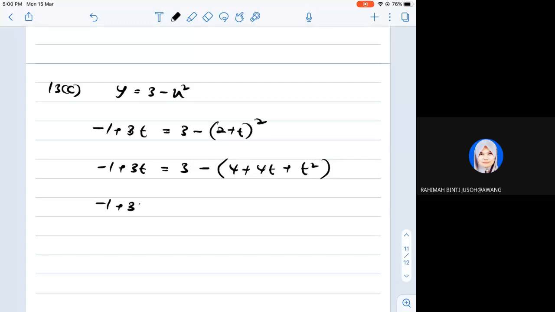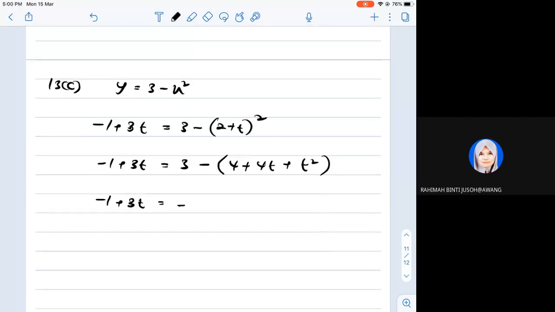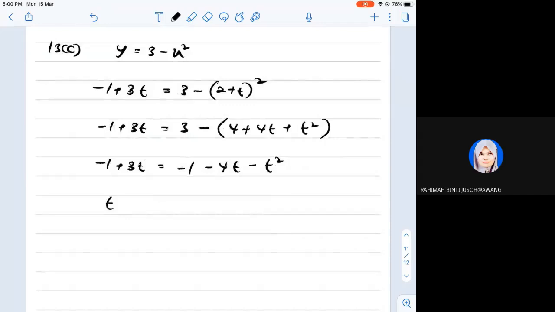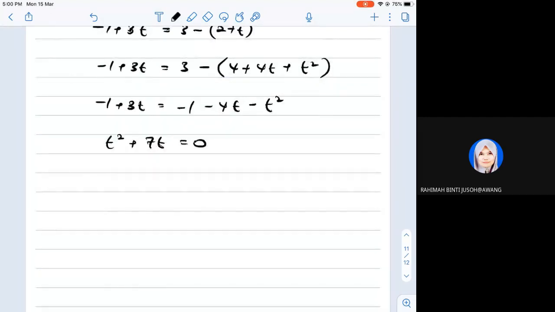Negative 1 plus 3T equals to 3 minus 4 plus 4T plus T squared, which is negative 1 minus 4T minus T squared. If I rearrange the variables, T squared plus 7T equals to 0. If we factorize, T times T plus 7 equals to 0. Therefore, T equals to 0 and T equals to negative 7.